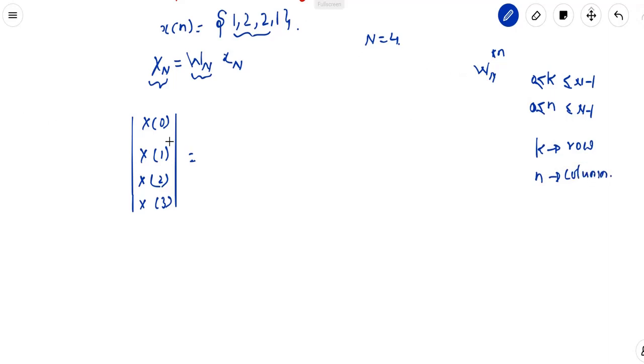Okay, so this will be, we have calculated, I will tell you the easiest method to write down this matrix. So just write here 1 1 1 1, 1 1 1 1. See here, this side diagonal, it is plus j, it is minus j here, diagonal. Can you see here diagonal?